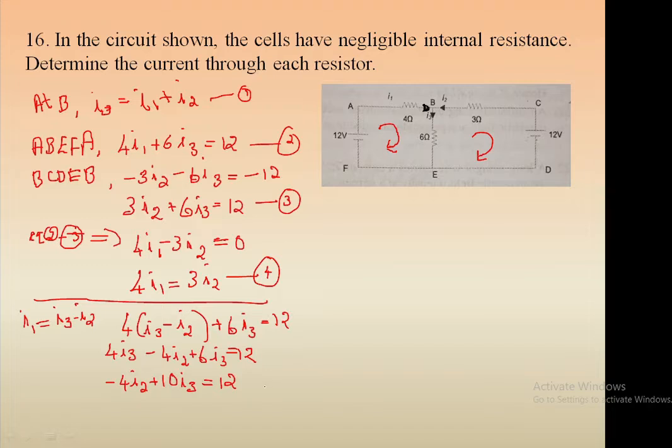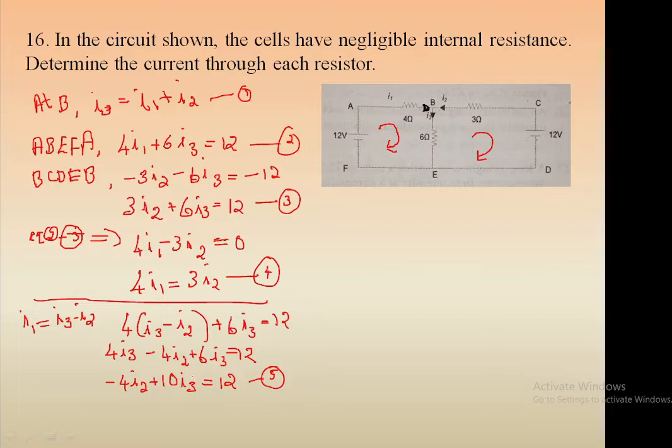Let us denote this as equation number 5. We have two equations, equation number 3 and equation number 5. Equation number 3: 3I2 plus 6I3 equals 12. And equation number 5: negative 4I2 plus 10I3 equals 12. Here we have two equations with two variables, so we can solve them.